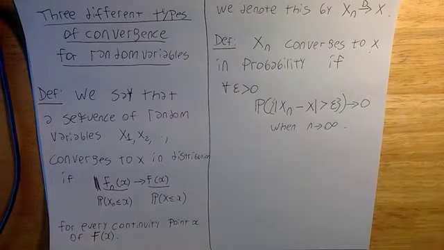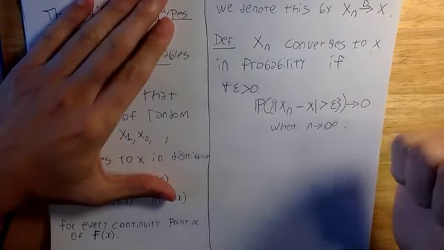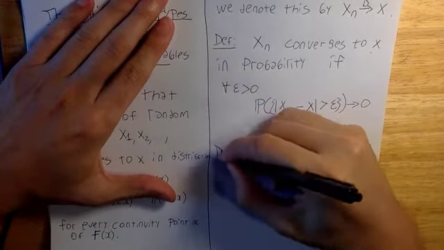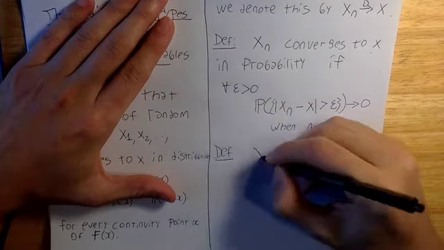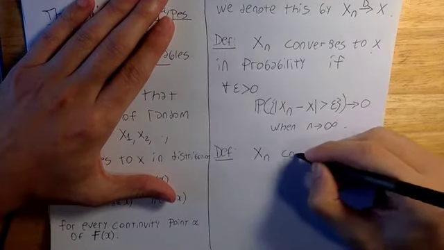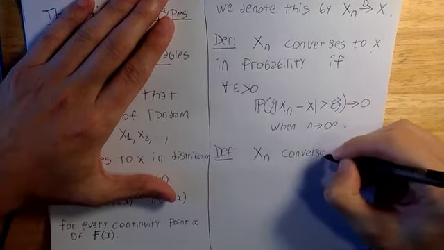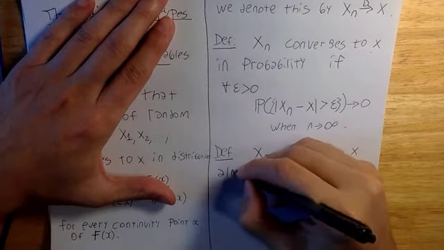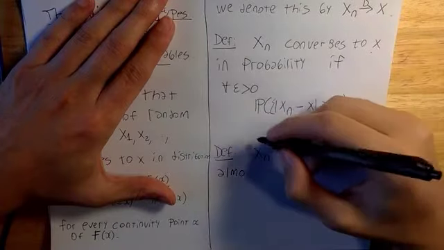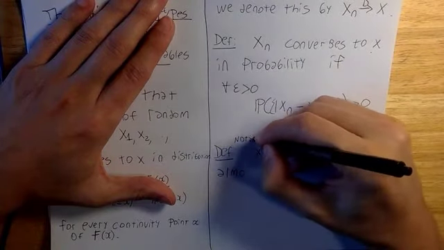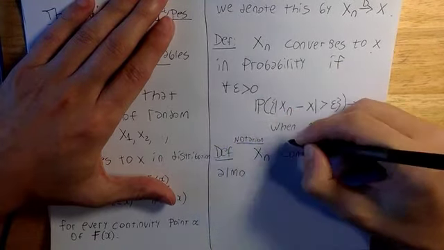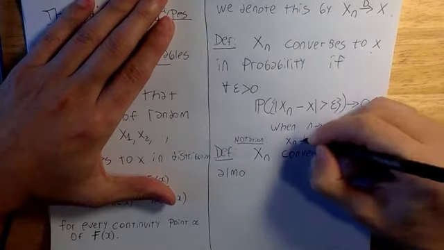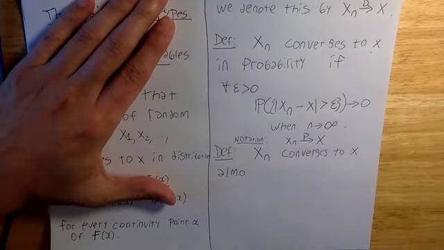And then finally, we say that xn converges to x almost surely. Okay, and here the notation we'll use probably is xn converges with a.s. on top to x.